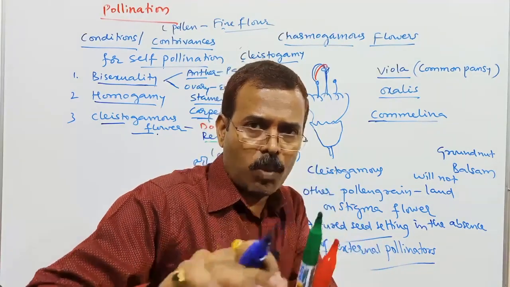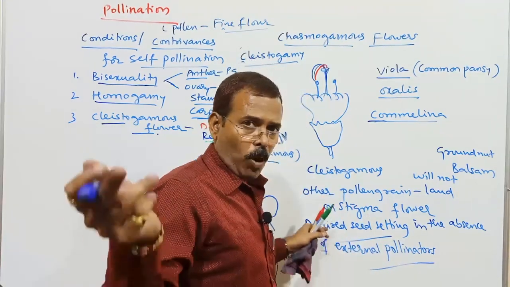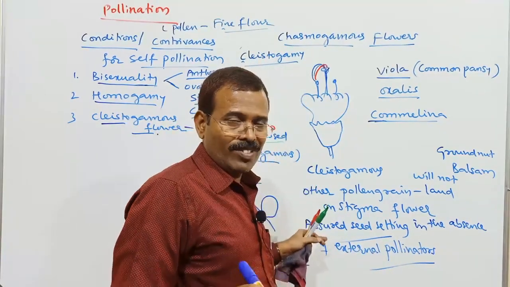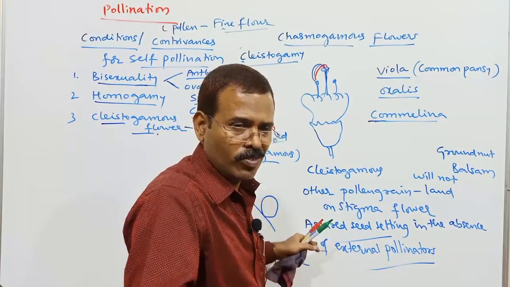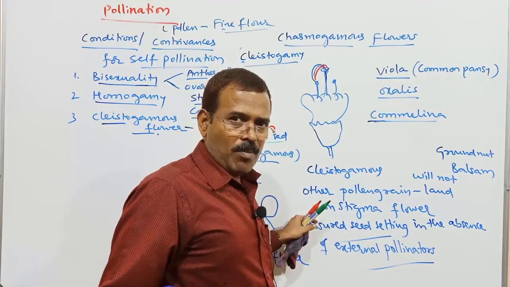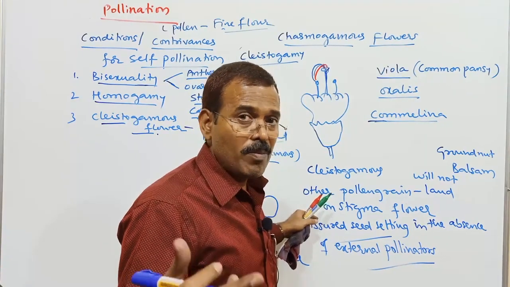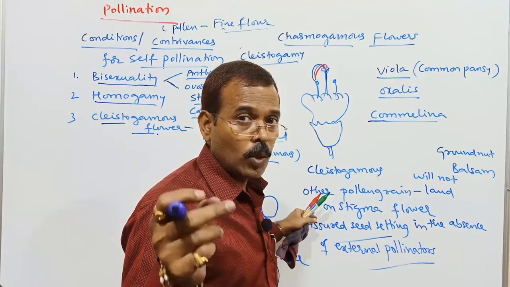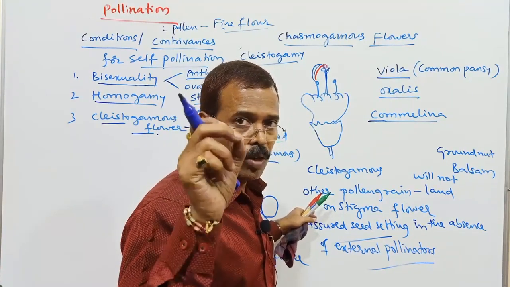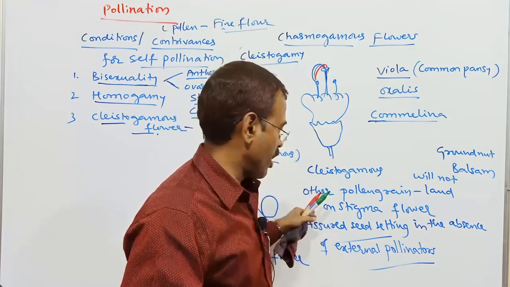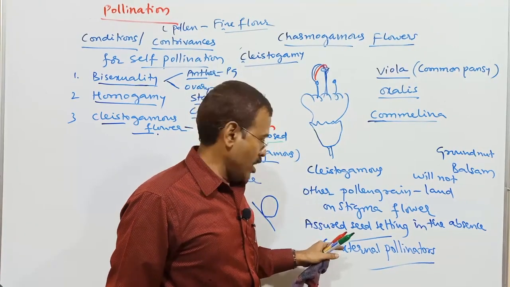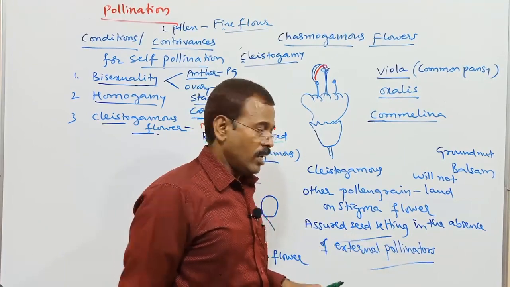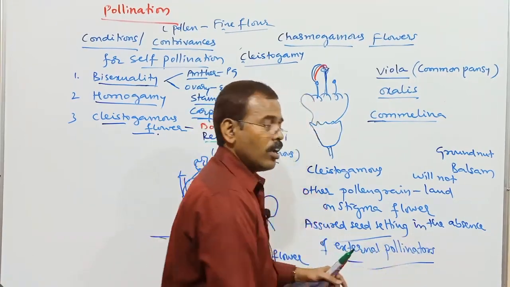Without an external pollinating agent, pollination occurs in the closed flower, which can lead to definite formation of seeds. So cleistogamy means pollination in a closed flower. Pollination in a closed flower is known as cleistogamy. So in cleistogamy, assured seed setting is there even in the absence of external pollinators.